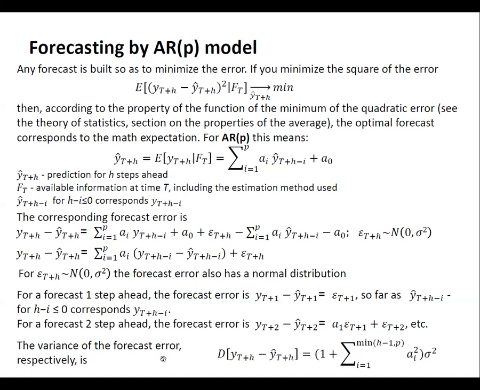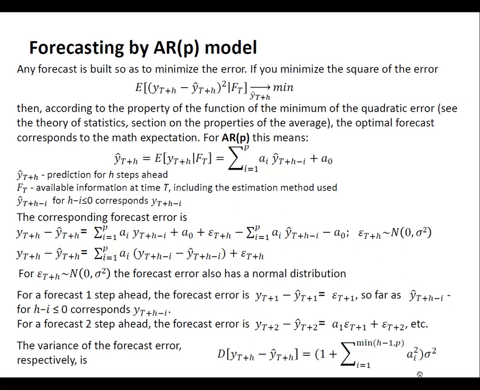To calculate the variance of the forecasting error, we apply the variance operator to the left and to the right part of this formula. That is, here we've got a_1 squared multiplied by the error variance plus the error variance. We take out the error variance, and it remains 1 plus a_1 squared.